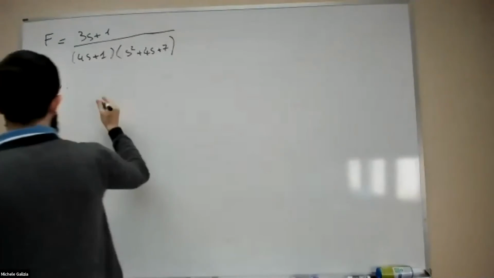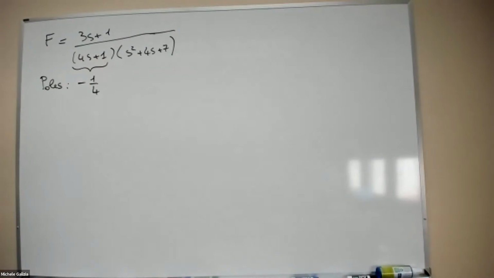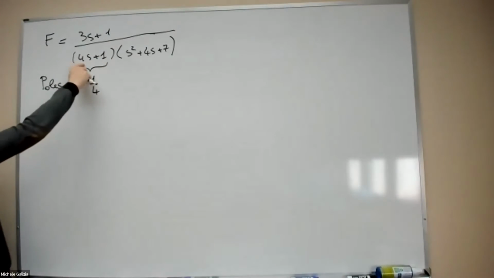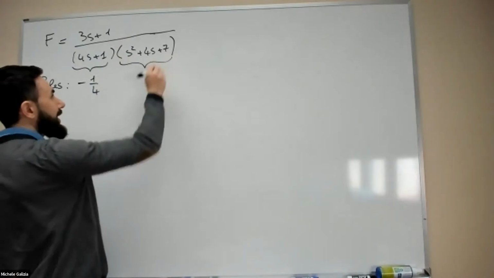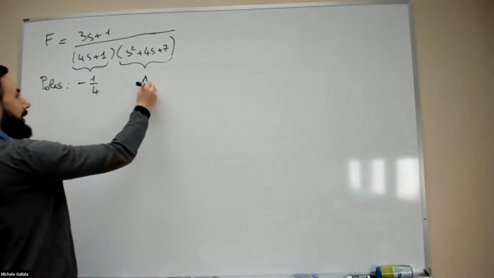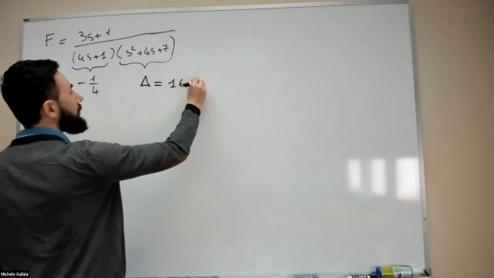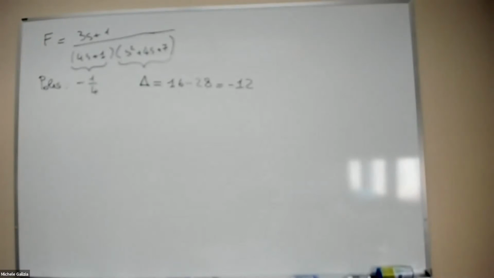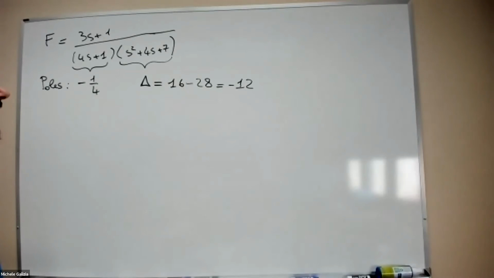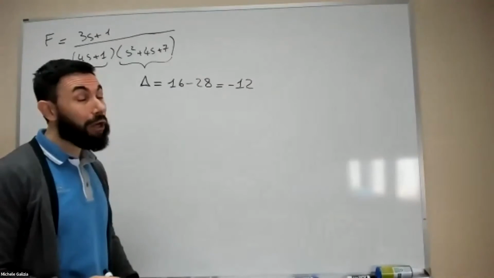So the first pole is -1/4 associated to this factor. Now we have to find the poles associated to this factor. Delta is 16 minus 28, which goes to -12. Delta negative. So we have complex poles.